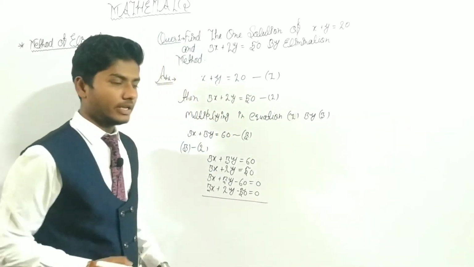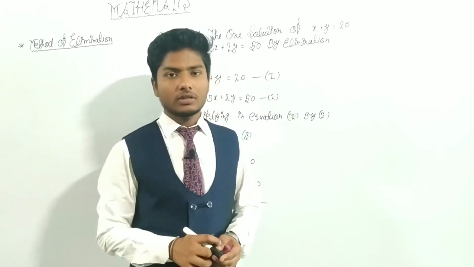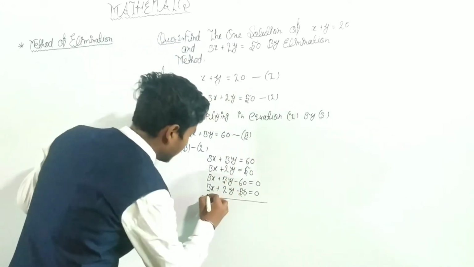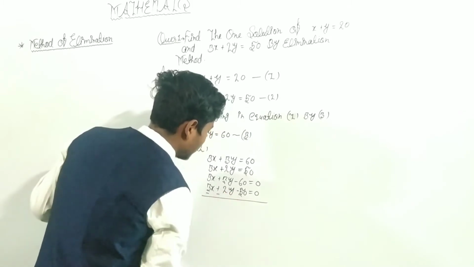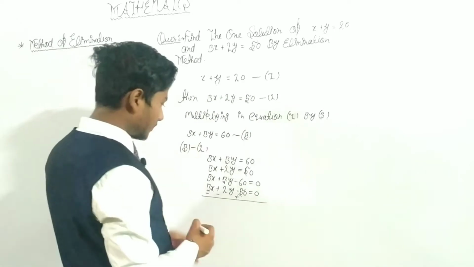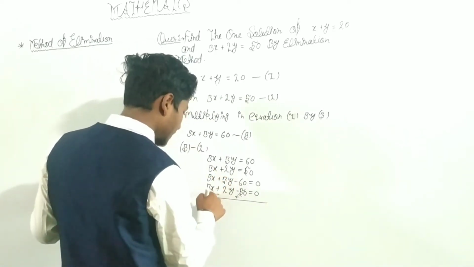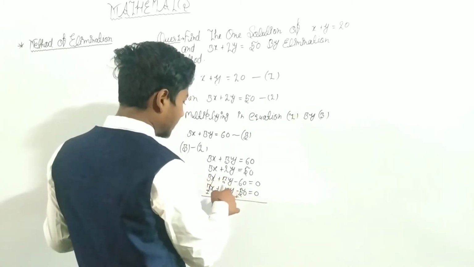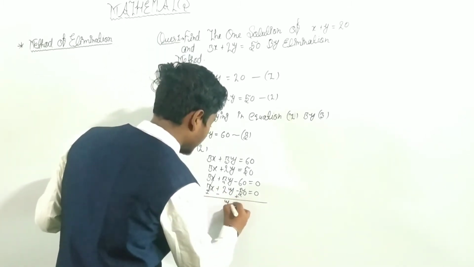Now we subtract, and we know that when we subtract an equation, the signs change: plus changes to minus, and minus changes to plus. Then we subtract the equations. 3x minus 3x cancels. 3y subtracted by minus 2y gives only y.